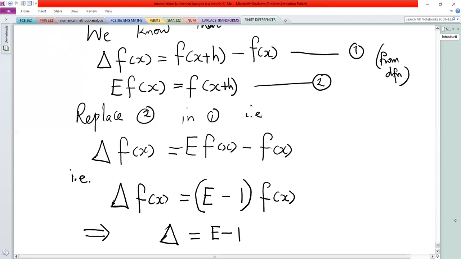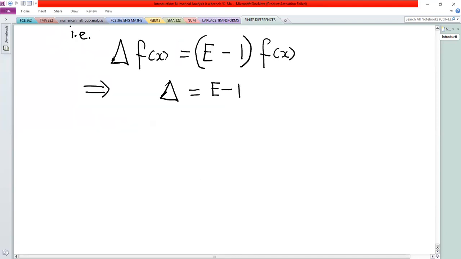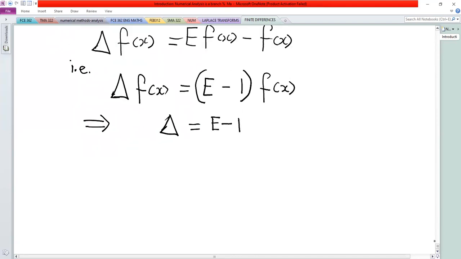So therefore, the relationship between the forward operator and the shift operator is given by this, or we can say the shift operator is the same as 1 plus the forward operator.